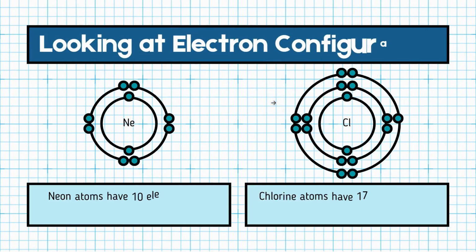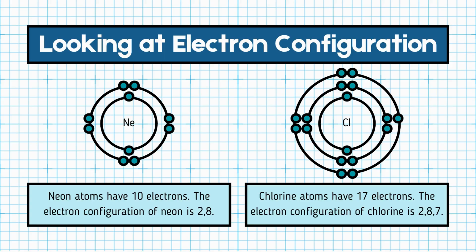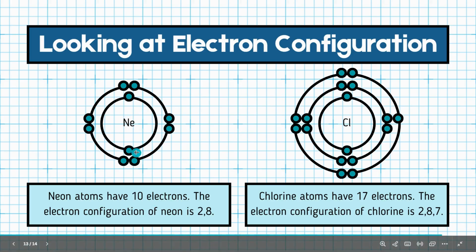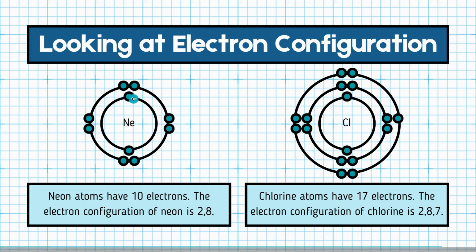So, for example, if we have neon, according to our first 20 elements, it is number 10, and it is a stable atom, meaning that its outermost shell has a maximum number of electrons, which is 8. Now, having 10 electrons, we are going to distribute the first 2 electrons in the first shell, since the first shell can only occupy up to a maximum of 2 electrons.